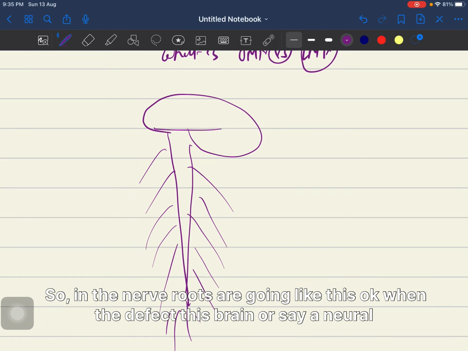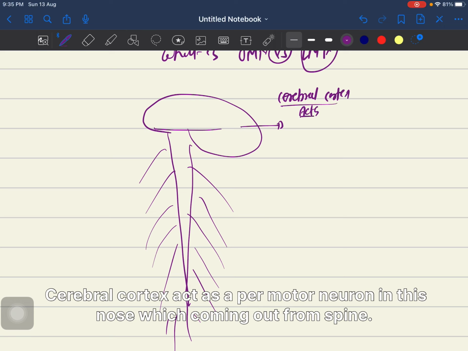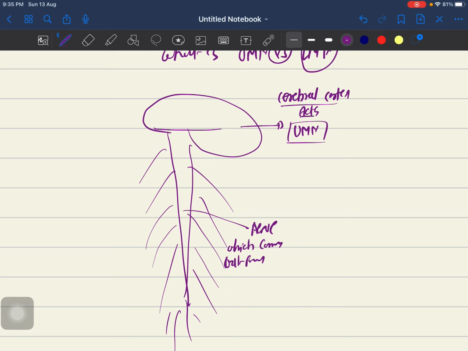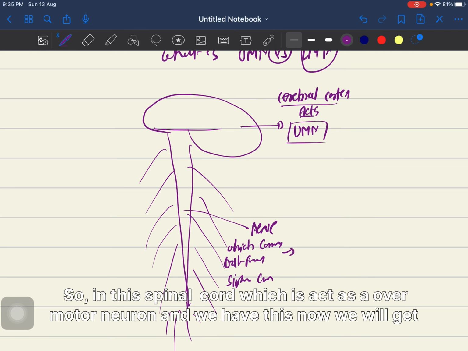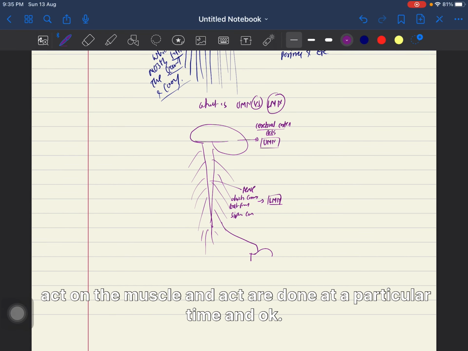Our cerebral cortex acts as the upper motor neuron, and the nerves coming out from the spinal cord act as the lower motor neuron, and these nerves act on the muscle.